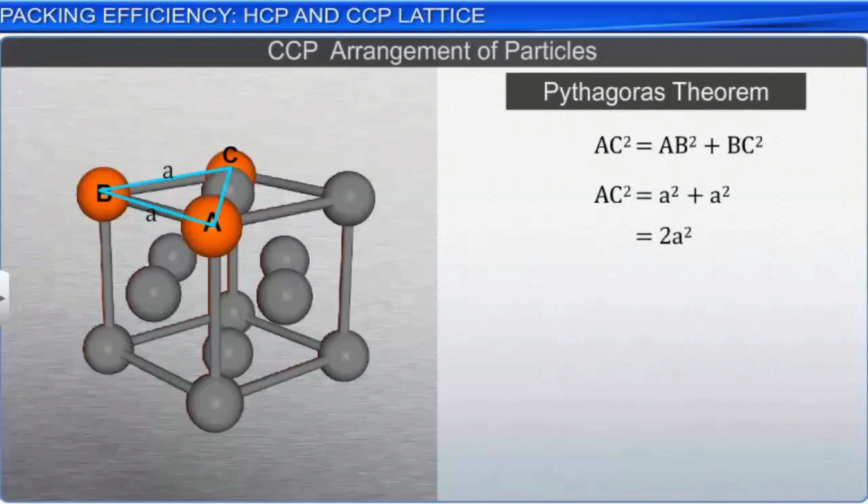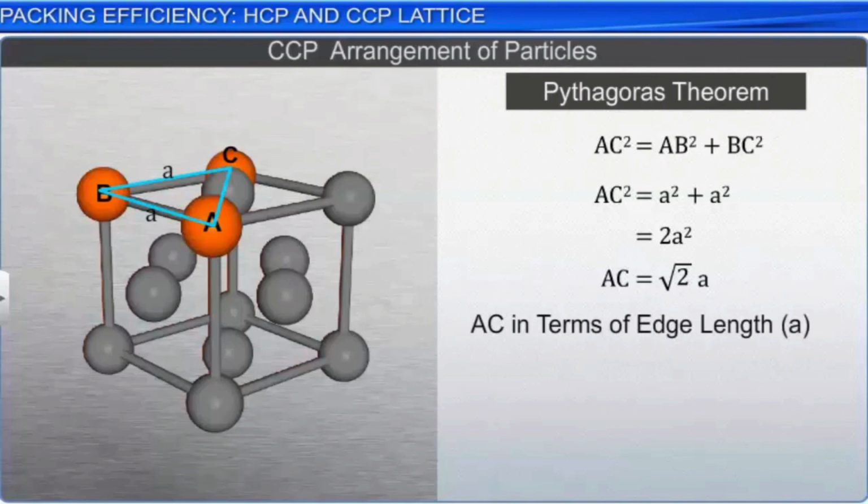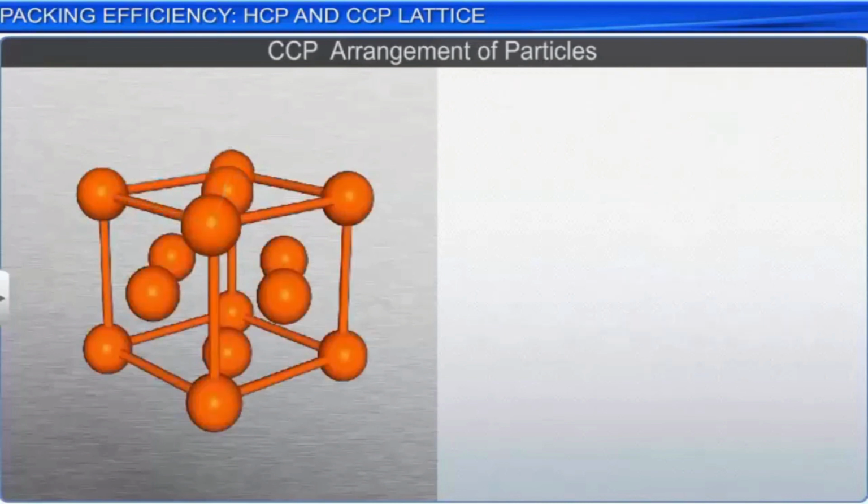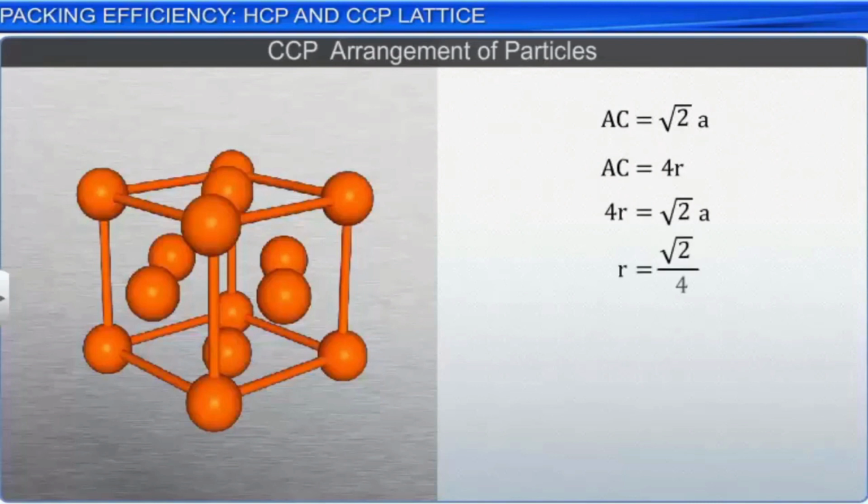Hence, AC is equal to root 2A. However, face diagonal AC in terms of radius is AC is equal to 4R. Therefore, equating the two expressions for AC, we get 4R is equal to root 2A. Hence, R is equal to root 2 upon 4 multiplied by A as given here.